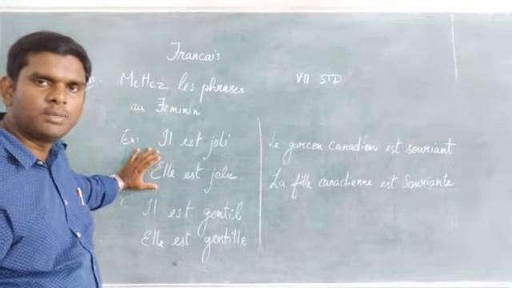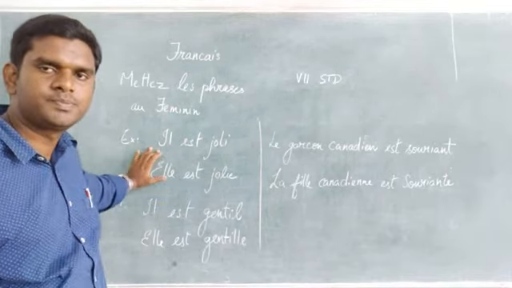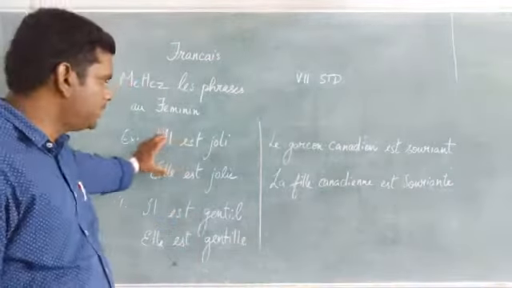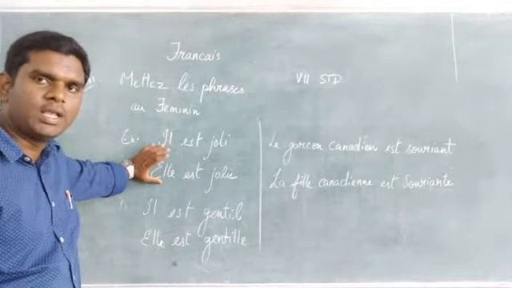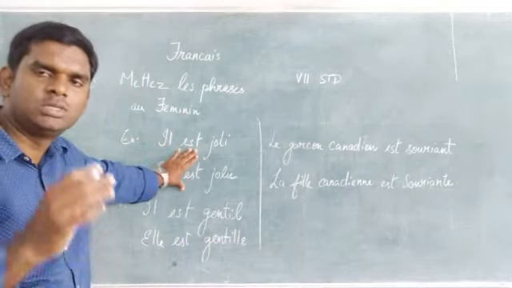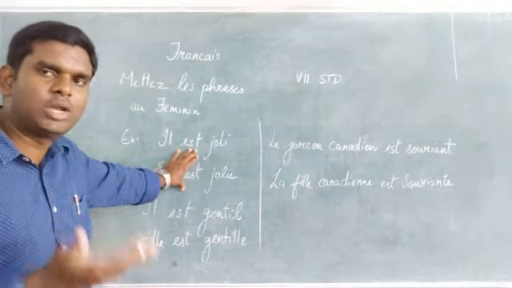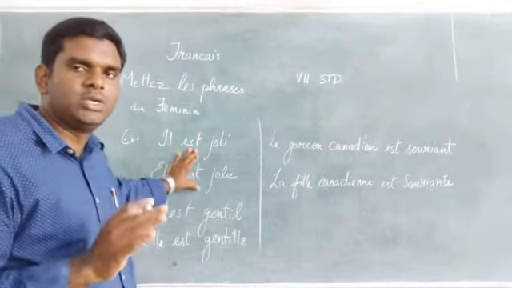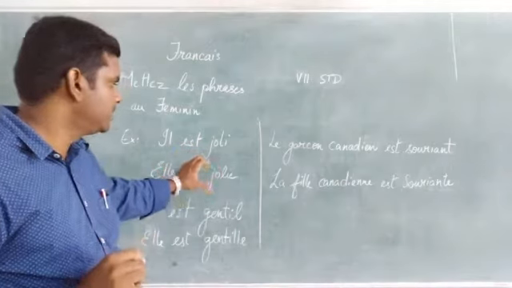So point number 1 is over. Now point number 2: the verb should not be changed because for third person singular both il and elle, the verb remains the same. So no need to make any changes in the verb.